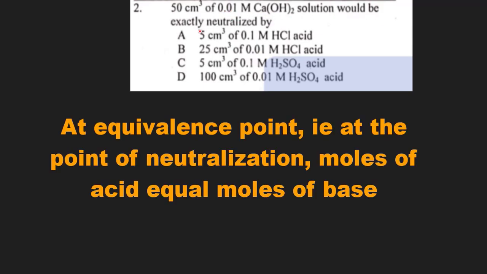Question number 2. 50 cm³ of 0.01 molar calcium hydroxide solution would be exactly neutralized by, we want to get an equivalence of volume and concentration of an acid that will be able to neutralize this particular volume of 50 cm³ of 0.01 molar calcium hydroxide.